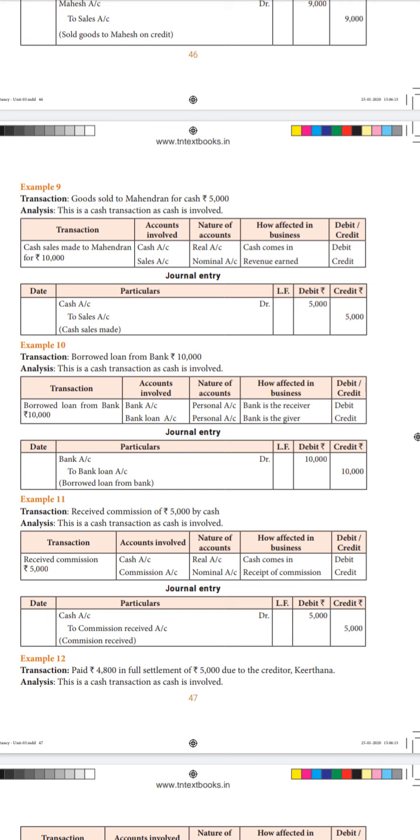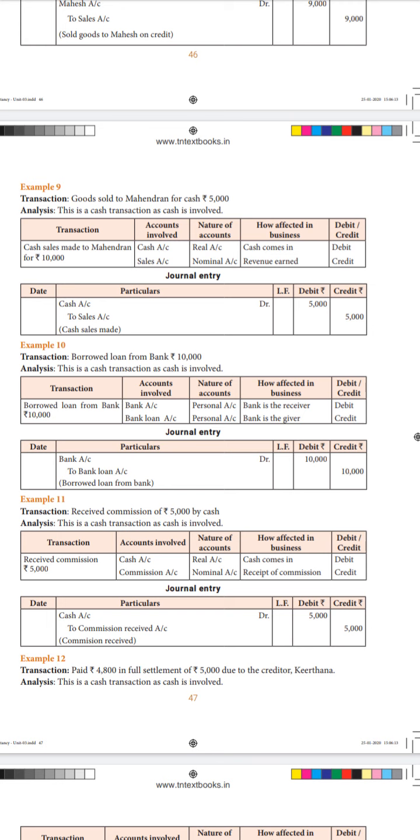Now here there are two accounts involved again. One is bank account, since it is directly given. The other one is the borrowed loan. From where are we borrowing the loan? It is the bank, because the loan is given by the bank.